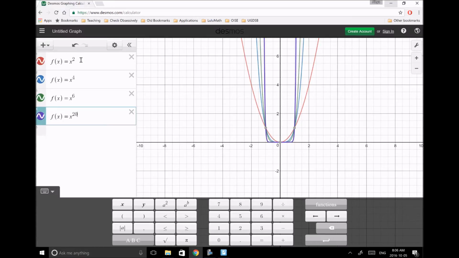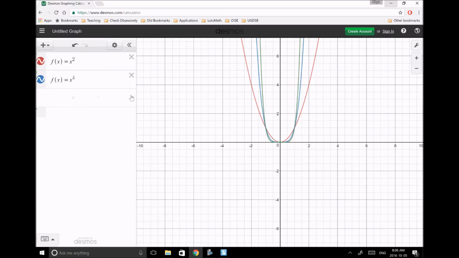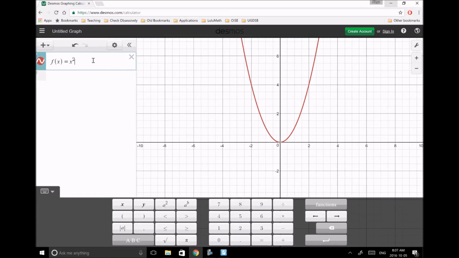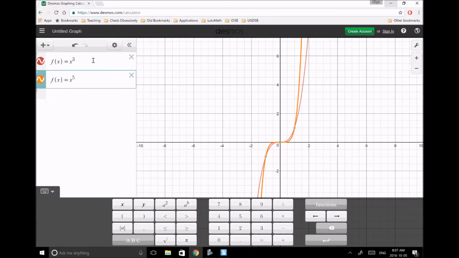So now let's go ahead and see what happens if we have some odd exponents. If I have x to the power of 3 right here, that's what it looks like. When I have f of x equals x to the power of 5, it looks very similar, but if you notice, it's a little bit skinnier, and as we get closer to 0, it's a little bit closer to the x-axis, right?